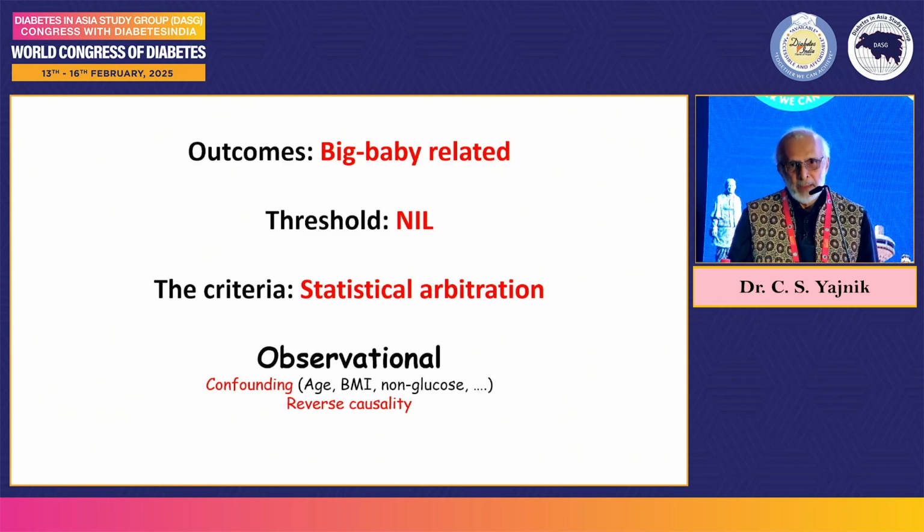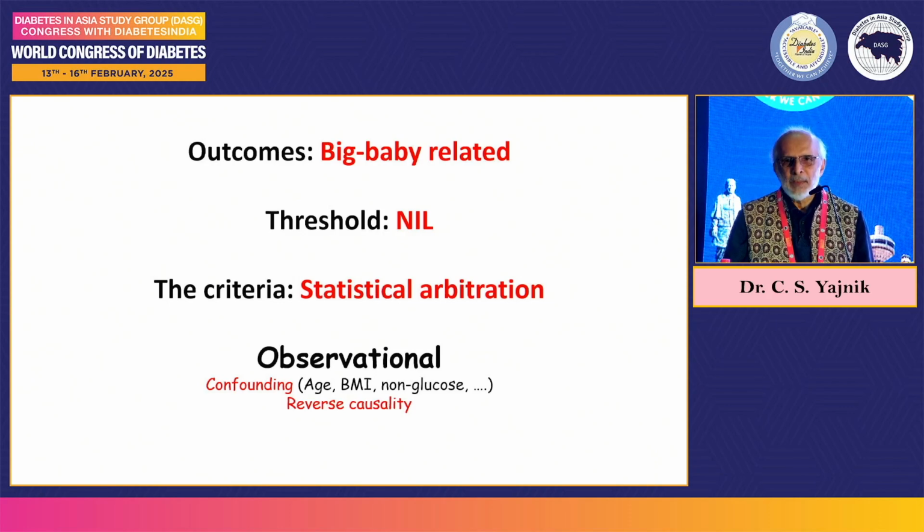Whether done rightly or wrongly is very debatable, but they used big baby related outcomes. There was no threshold. So they had a committee which used statistical arbitration. And it's not said anywhere that actually it's only an observational study and therefore it's heavily confounded for the outcomes by a number of factors.